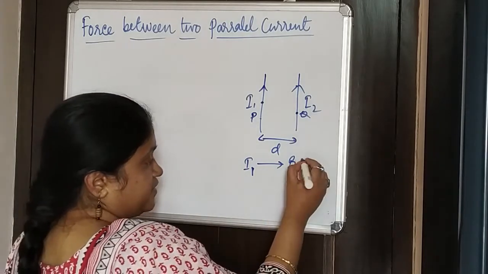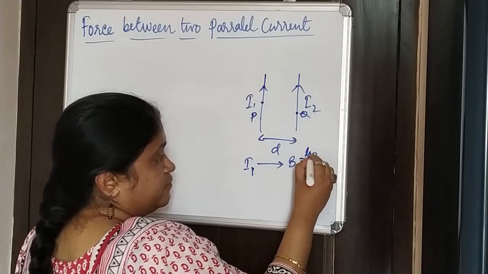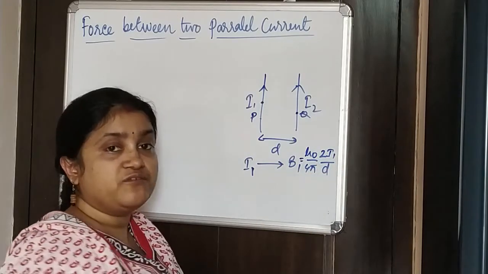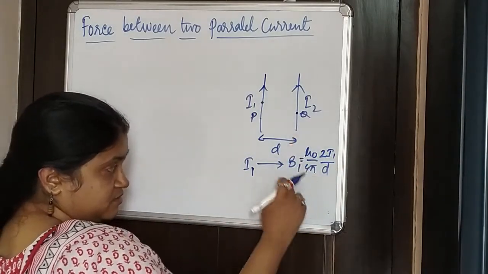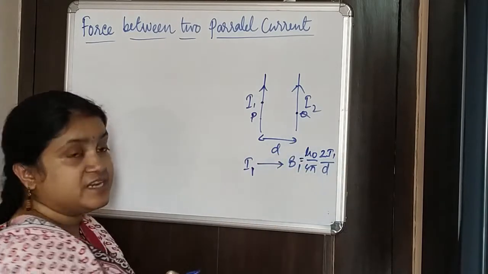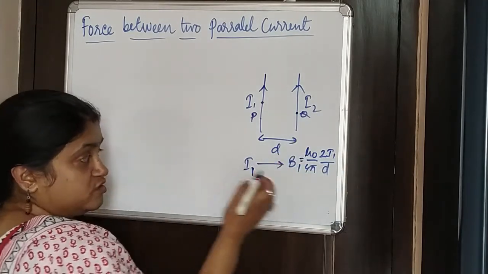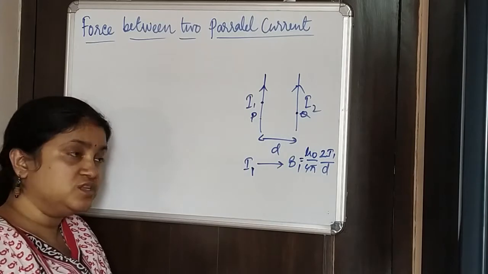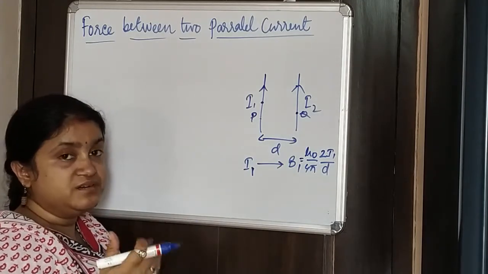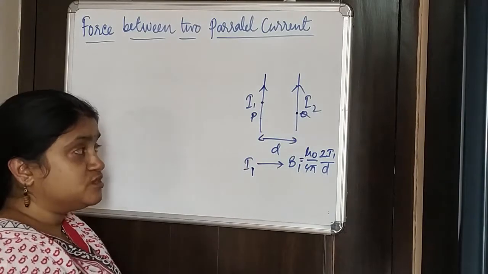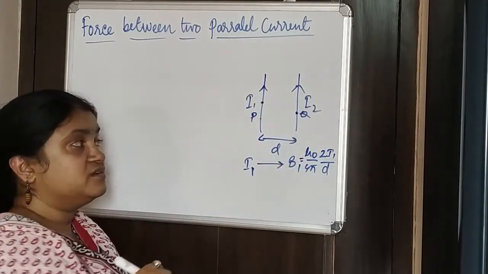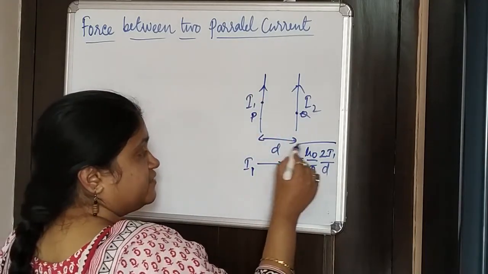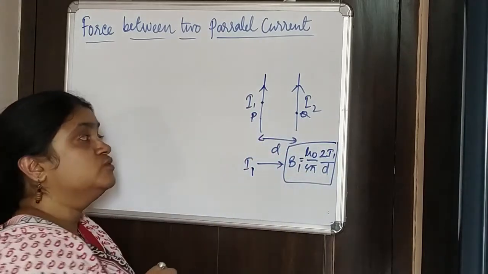And how much will this magnetic field be? As we already know, it will be mu naught by 4 pi into 2 I1 by D. This we have already calculated. This is the magnetic field due to the current I1, and we already said this magnetic field depends only on the current I1 and the distance D at which we are measuring it. So at a point Q on this wire, which is carrying a current I2, there is a magnetic field B1 due to I1.